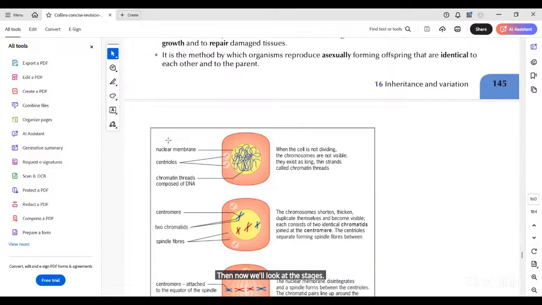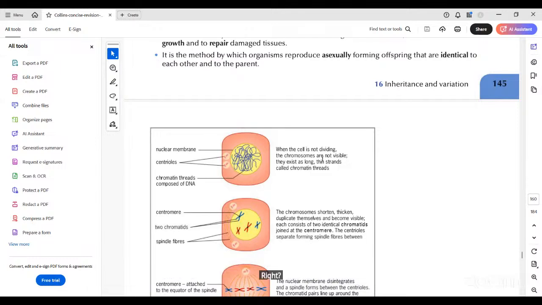right? We said that the first stage, we see that this is a cell. This is a nuclear membrane. The centrioles are here. And we have the chromatid threads that are little pieces of blue here. And this is when the cell is not dividing and the chromosomes are not visible, right?